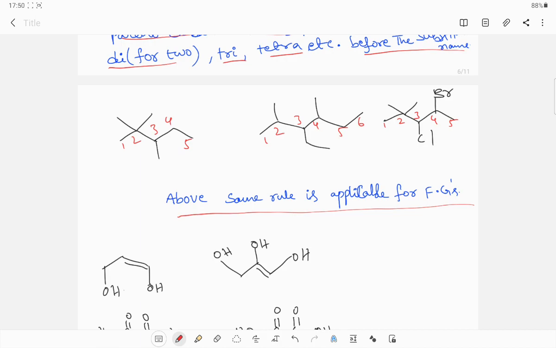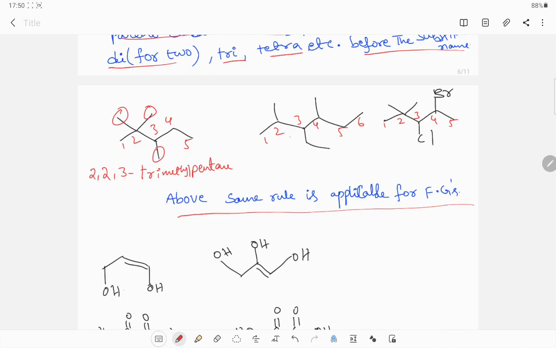These are just substituents. Now I will give the names. See, methyl groups at many positions. Now 2,2,3-trimethyl pentane.